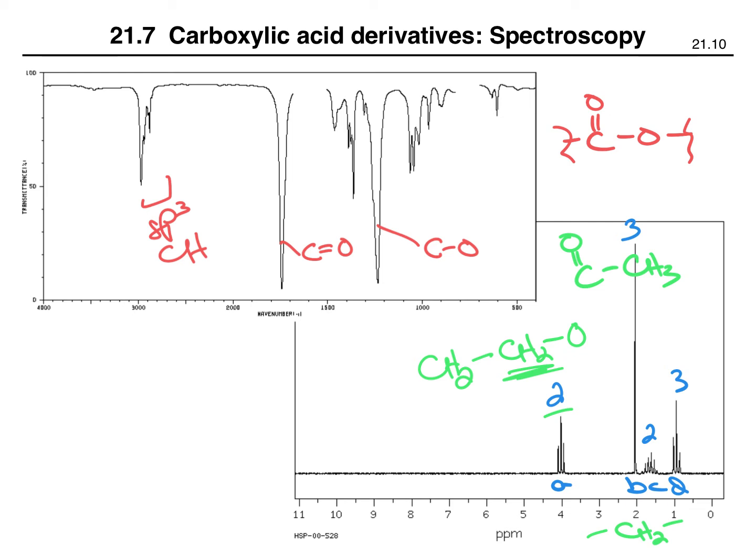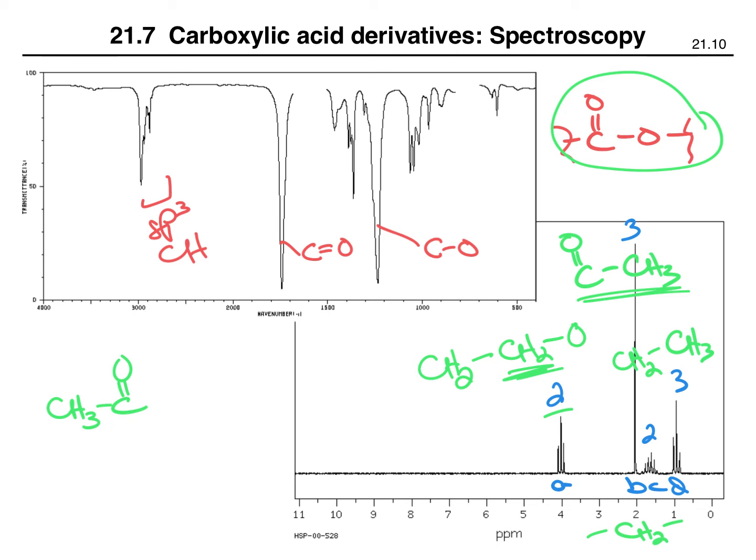And then finally D is a CH3 group, and we know that it has 2 neighbors because it is a triplet. So let's start here. We have a CH3 connected to a carbonyl. From this we can guess that the carbonyl is part of an ester, and so that oxygen is next to a CH2, next to another CH2, next to a CH3.